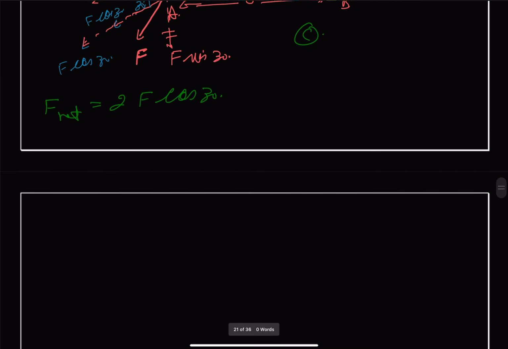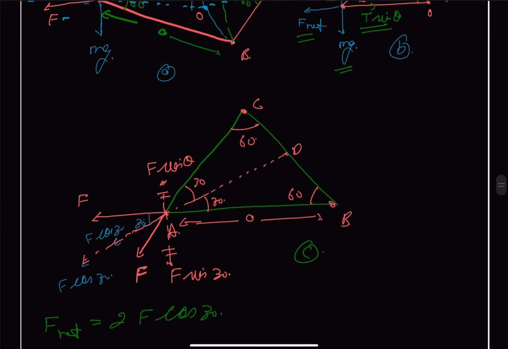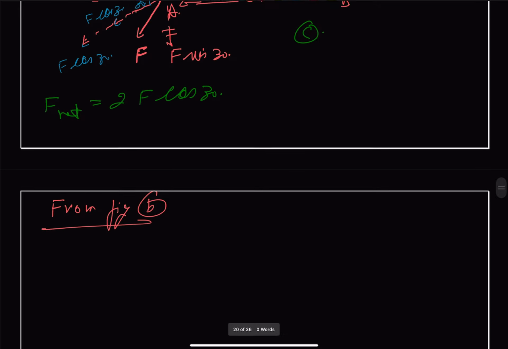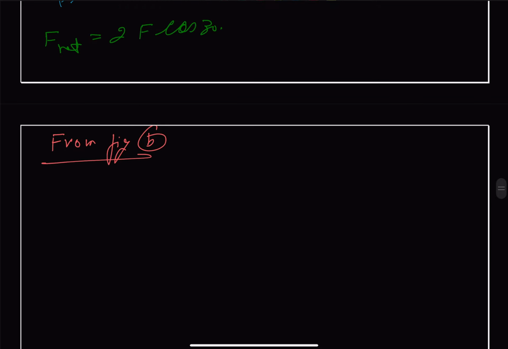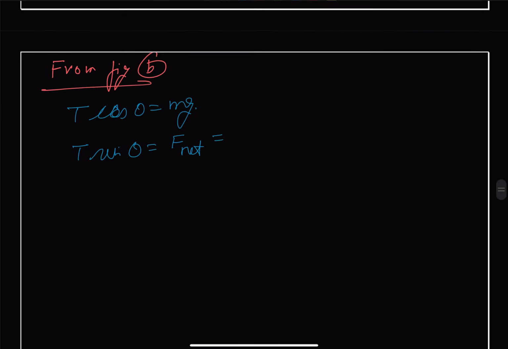So T cos of theta is equal to mg, and T sine of theta is equal to our F net, and F net we just found out is 2F cos of 30, sorry, not theta.